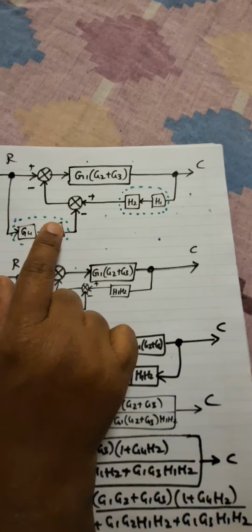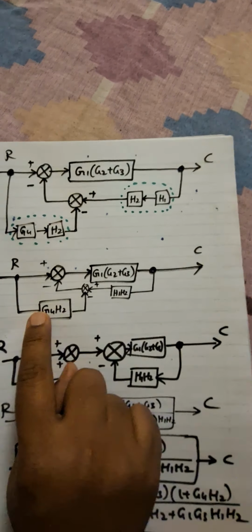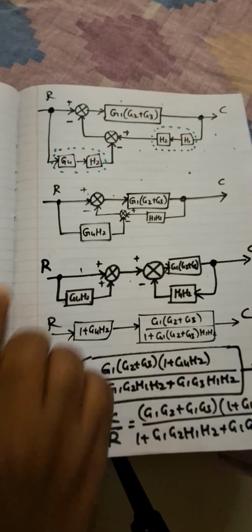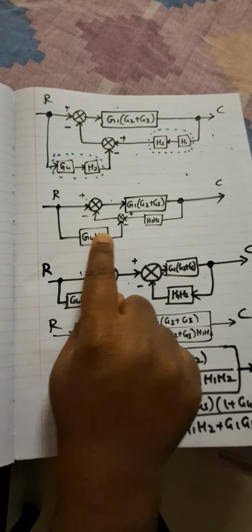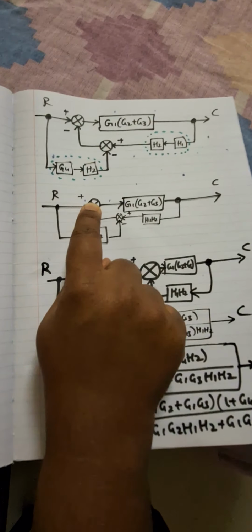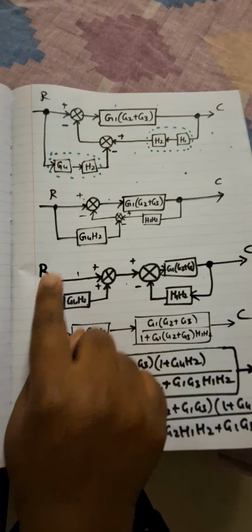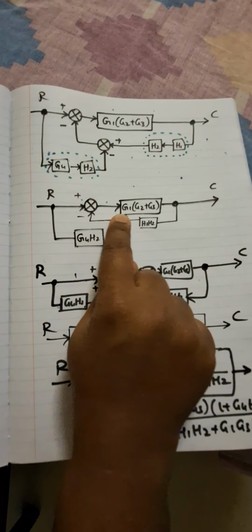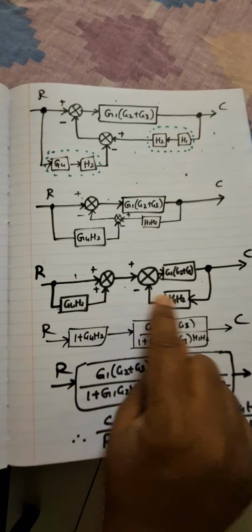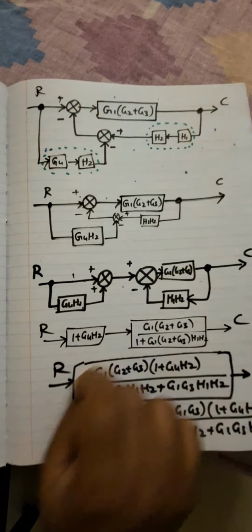Now these two are in series, these two are in series. So multiply. Now two summations are there. So what I am saying, R is going with minus into minus, means positive. So I wrote it as positive, I separated the summation. Now here, plus H1 H2 is going to minus, so minus H1 H2. So I separated the summation.